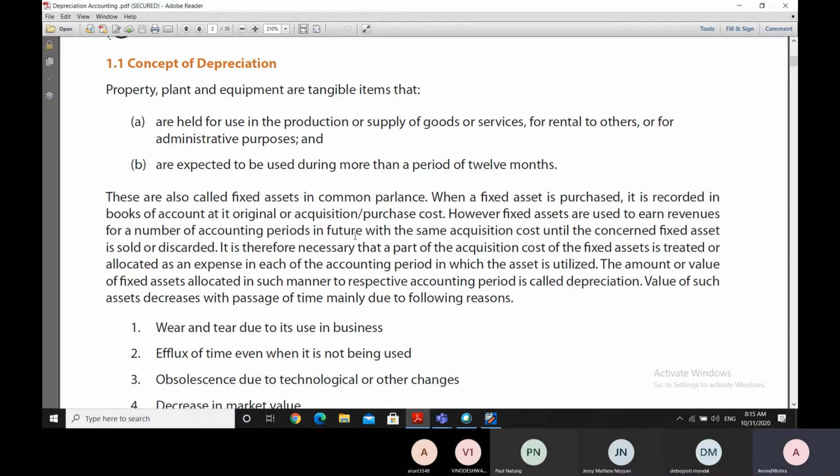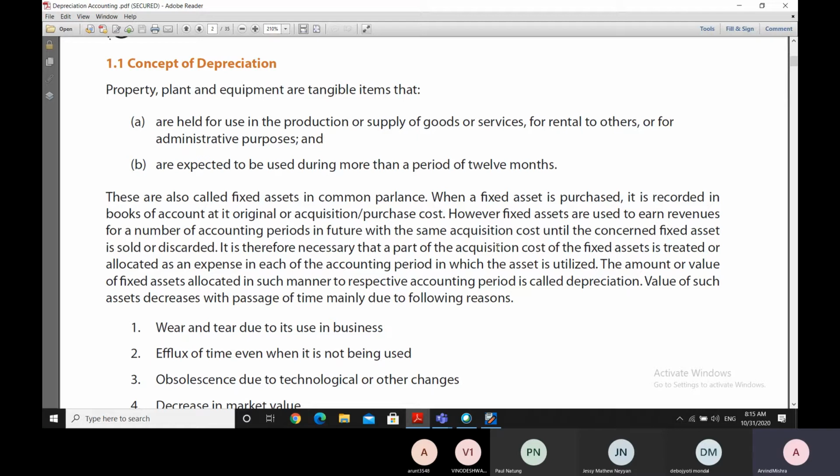But we are actually using that asset to generate the revenue. So the acquisition cost that we had borne will be allocated as an expenditure in each of the accounting periods in which the asset is utilized, because we are going to utilize that asset over a period of time, not just in one year itself.